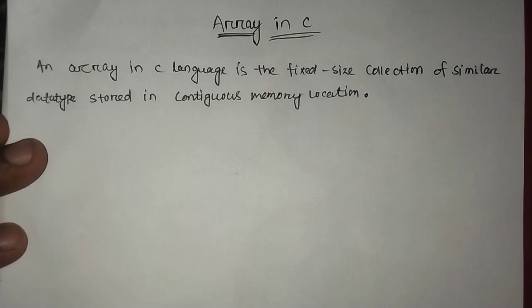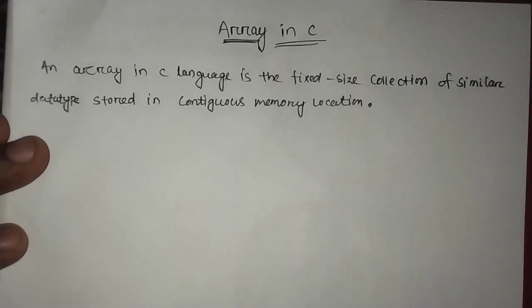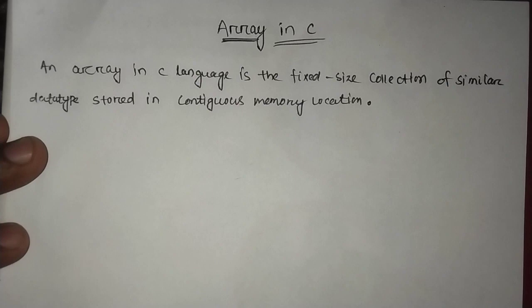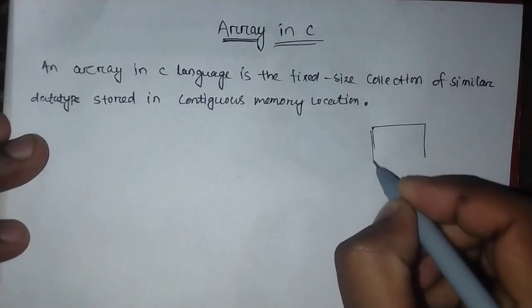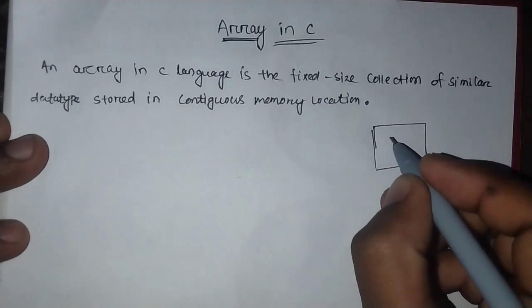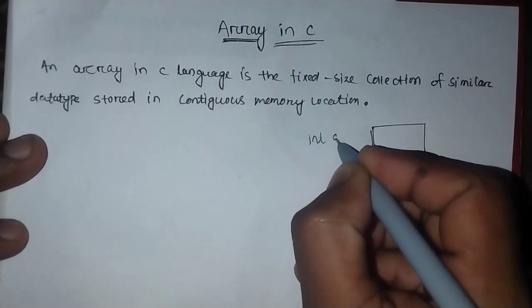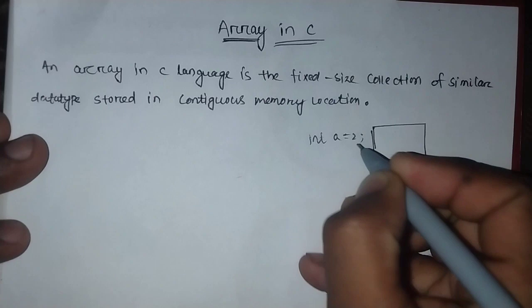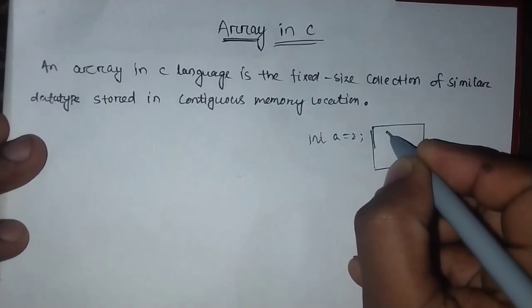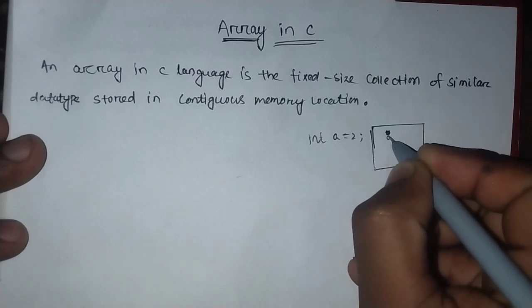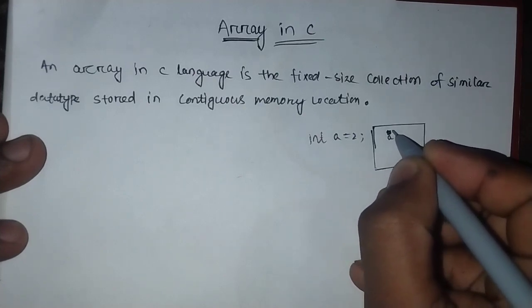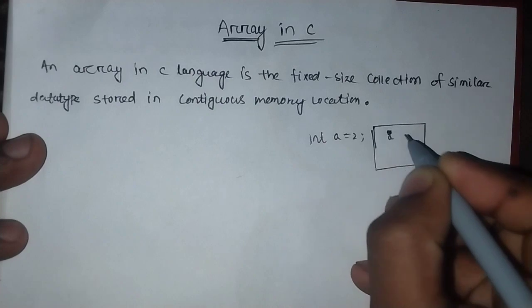We have already known that in memory, when we initialize a variable, it is stored in a different location. If we initialize int a equal to 2, somewhere in the memory a location is allocated for a, and the value 2 is stored at this position.